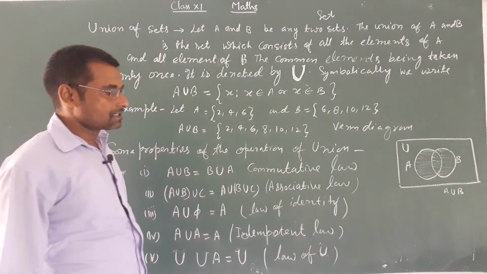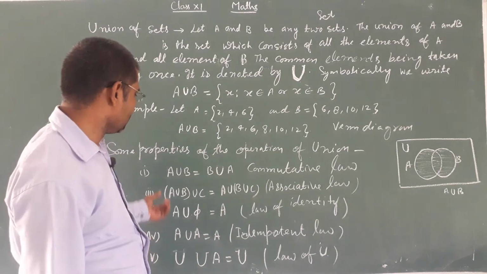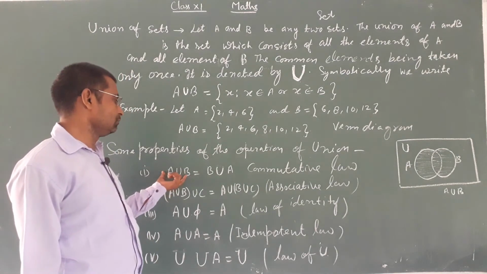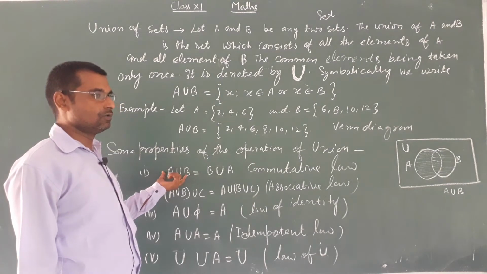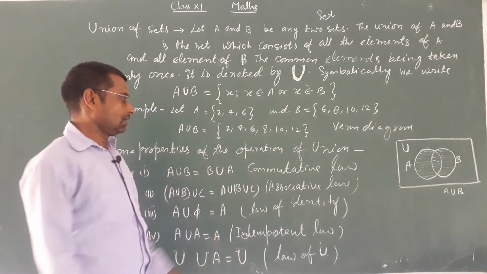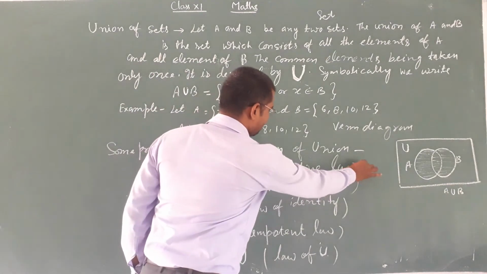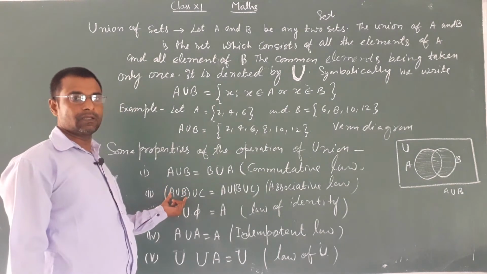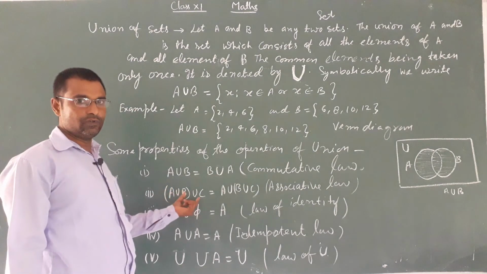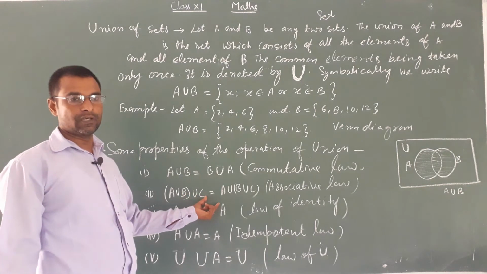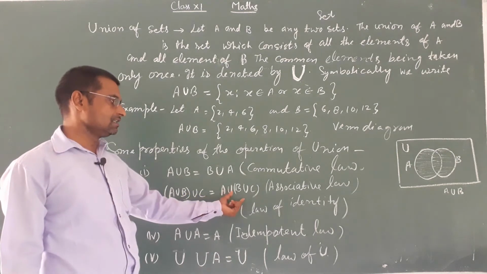Some properties of the operation of union. First property, A union B is equal to B union A. This is the commutative law. And also (A union B) union C is equal to A union (B union C).